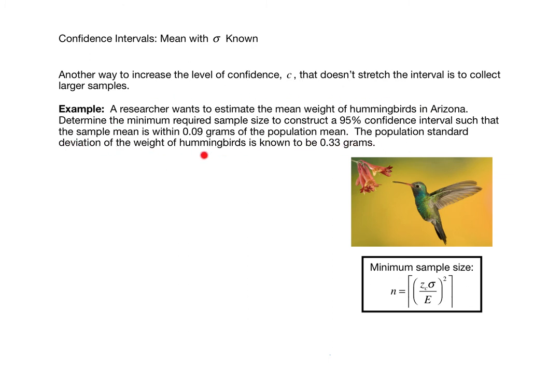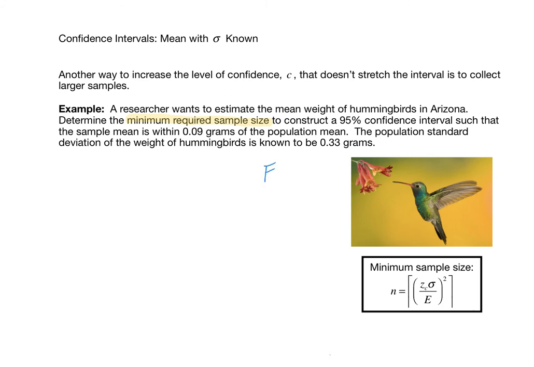So this is essentially set up the same as it was previously. We want a margin of error of 0.09 grams, but now we have a higher confidence level. Previously, we did computations with 90%. Here it's with 95%. So we're not actually constructing a confidence interval here. We're trying to find out what's the minimum required sample size to maintain our margin of error we found in the previous problem of 0.09 grams.